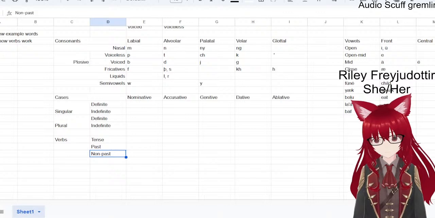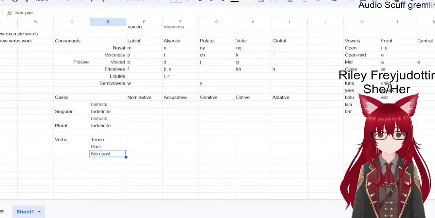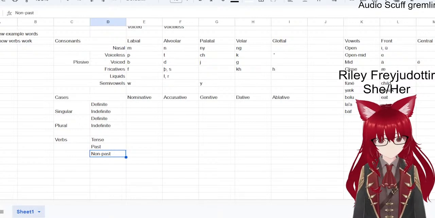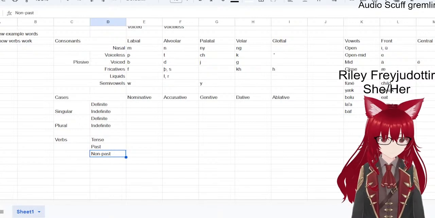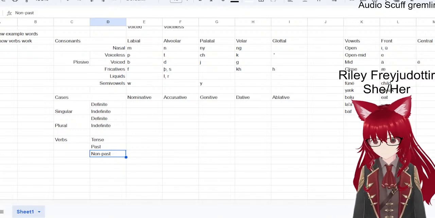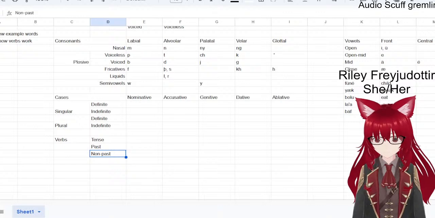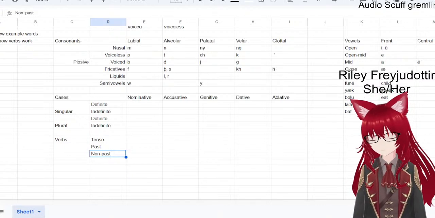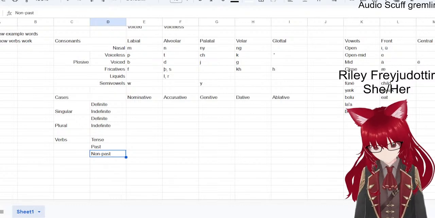You may think English has a past, present, and future tense, but that's not actually true linguistically. The future in English is marked with auxiliary constructions, not on the actual verb itself. It has to be on the actual root verb itself to count as a tense in the linguistic sense, at least in the sense of morphology, which is what we're doing here.